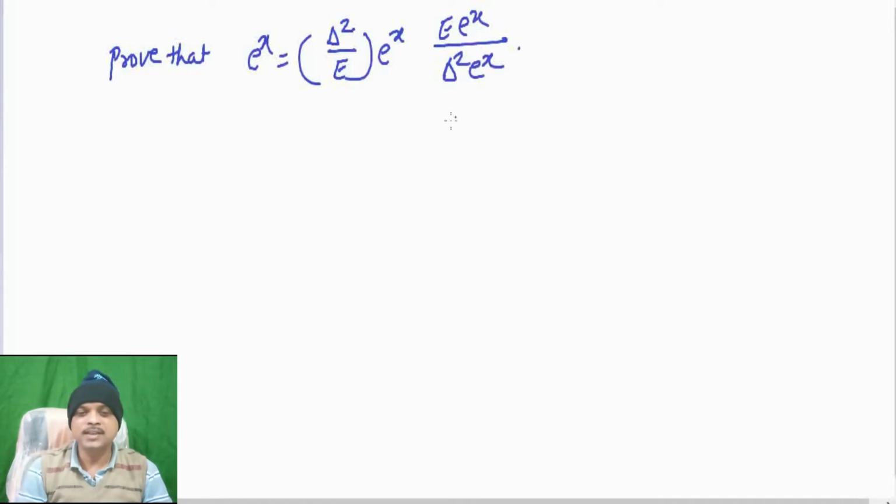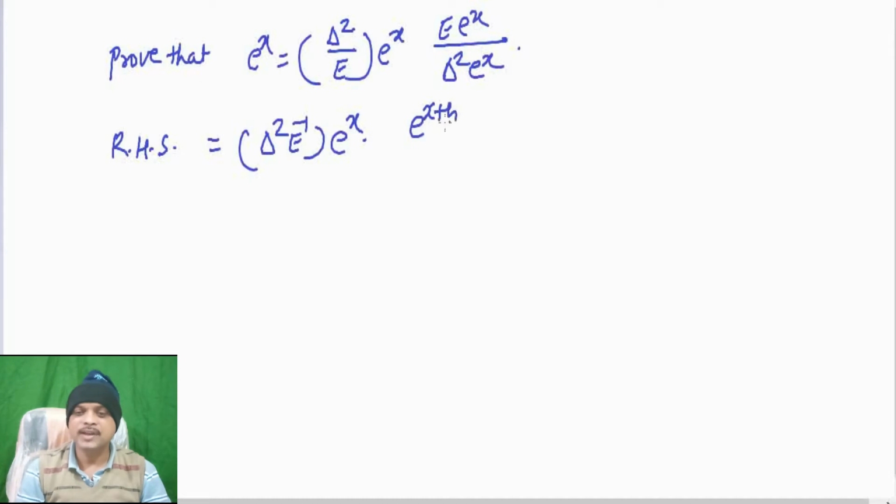So friend, consider the RHS. RHS equal to delta square E inverse operating on e raised to x, equal to e raised to x plus h divided by delta square e raised to x.